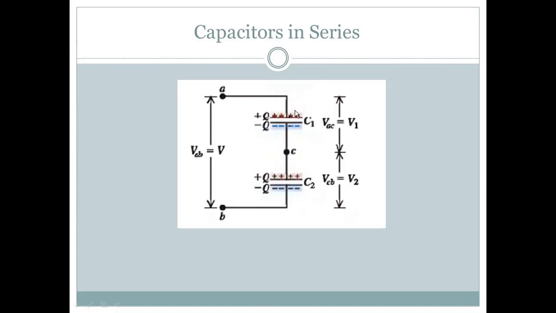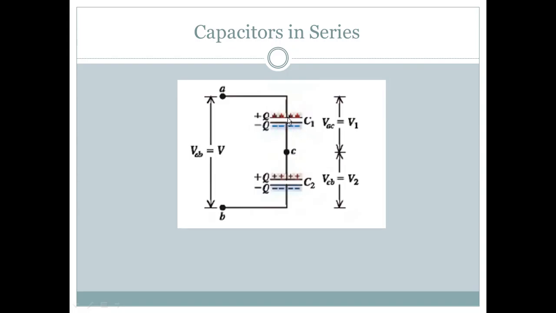Now, to continue, there will be a net positive charge on the upper plate of the capacitor, and since this is positively charged, it would attract the negative electrons in our lower plate, and repel the positive charges towards this direction, thus leaving a negative net charge on the lower plate.